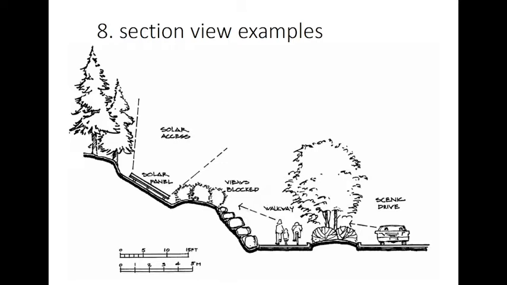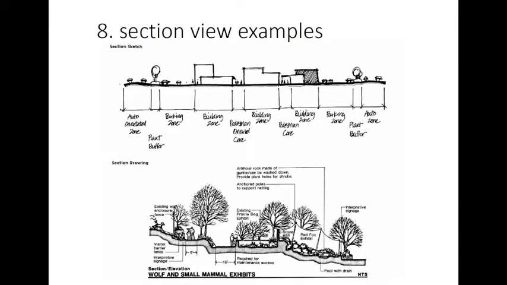And these can even start to describe different transportation corridors, bikeways or parkways, bike lanes. And sections can be really effective for describing buffering and blocking views, as well as shaping views. Here's a fun one for a zoo exhibit.